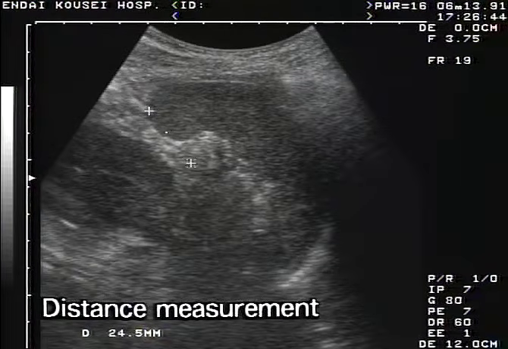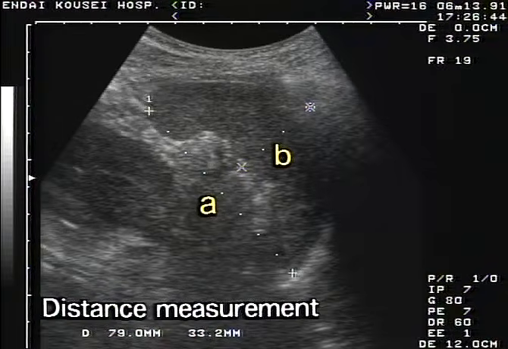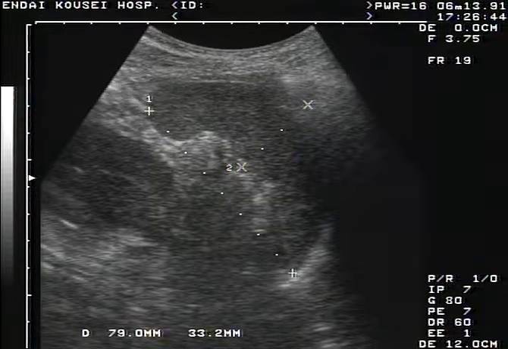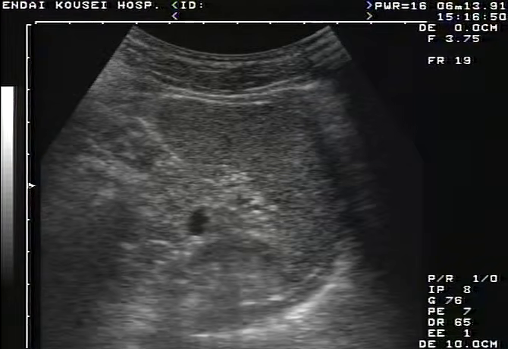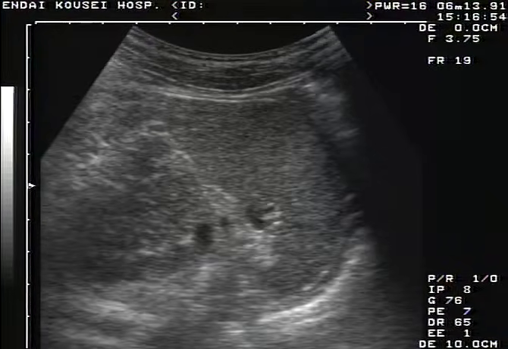Measure the spleen. If A times B is more than 30 square centimeters, splenomegaly is present. Based on the degree of enlargement, various infectious diseases, blood dyscrasias, diffuse hepatic diseases, portal hypertension, or metabolic diseases are suspected. The spleen closely reflects the condition of the liver.